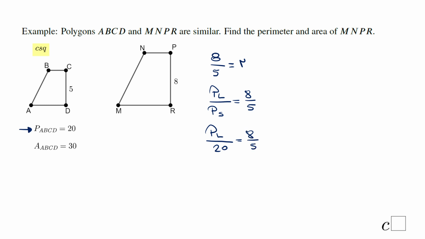I'm going to do cross multiplication here, and I have 5 times P sub L, the perimeter of the large shape, equals 20 times 8. Divide by 5 to get rid of this 5. And what do we get here? We can do this one like this. 5 goes into 20 4 times. 4 times 8 is 32.